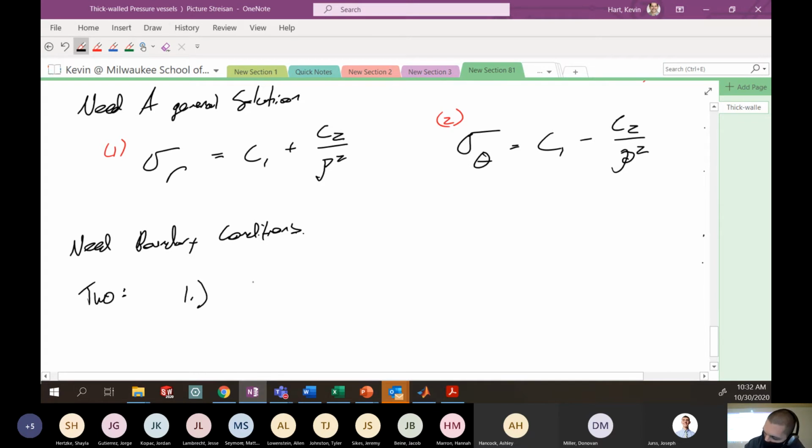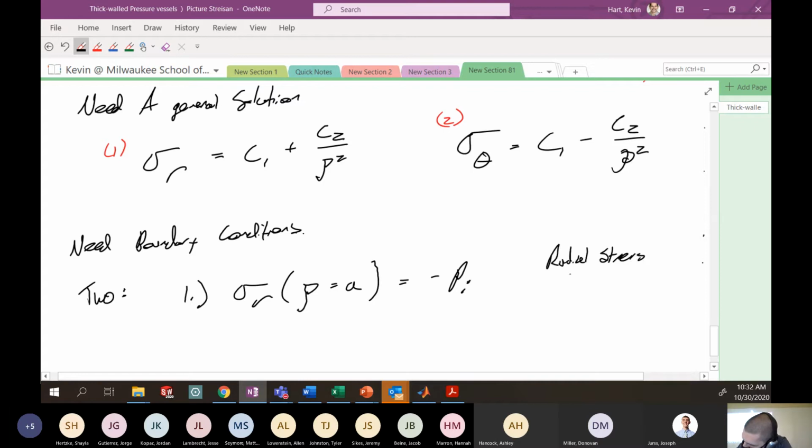Boundary condition number one would be that the radial stress at rho equal to A, which is the internal wall, is equal to the opposite of the internal pressure. Okay, so this is radial stress balancing pressure at inner wall.